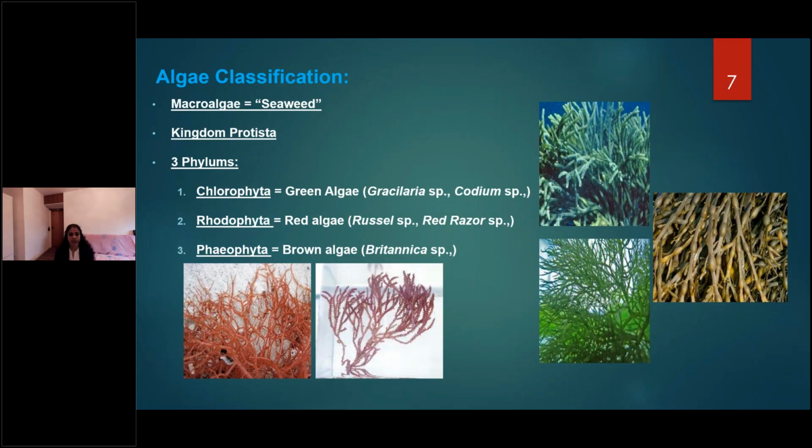According to the color of the pigment, they are classified into Chlorophyta, which is green, Rhodophyta, red, and Phaeophyta, brown algae. These are a few examples: Gracilaria species, Codium, Rosella, Red Razor, and Britannica species.